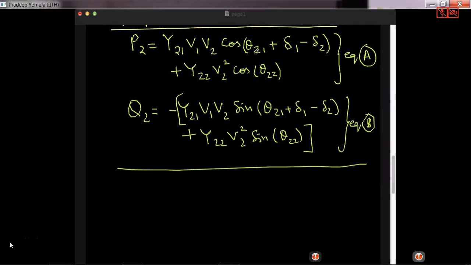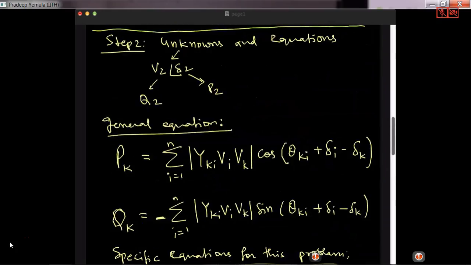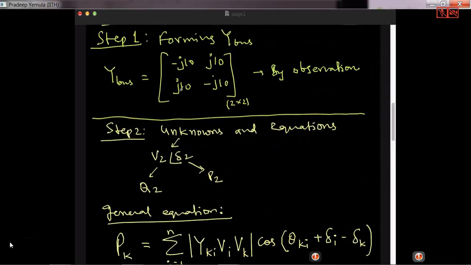What is theta 21? If you look at the Y bus, second row, first column, that is this one, and the theta will be 90 degrees, and so on. By looking at that, we can get some peculiar features for our equation.